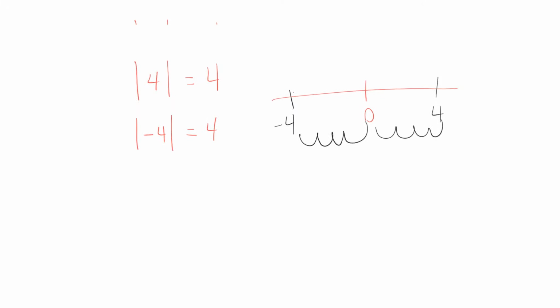So we're going to look at this in equation format today. So if we have something that looks like this, the absolute value of x plus 2 equals 6. So let's think about this from a mental math standpoint. What number has an absolute value of 6?